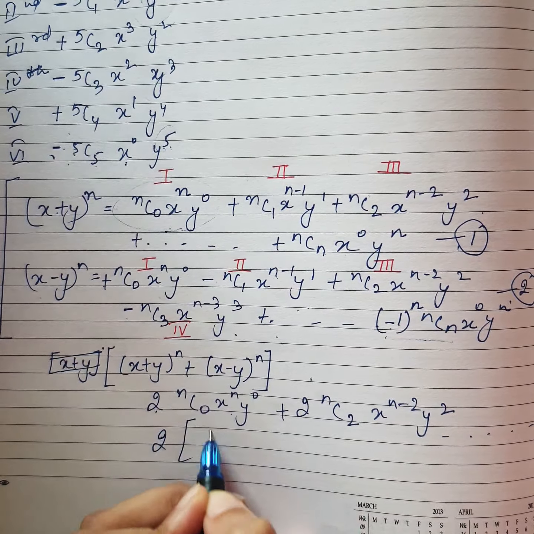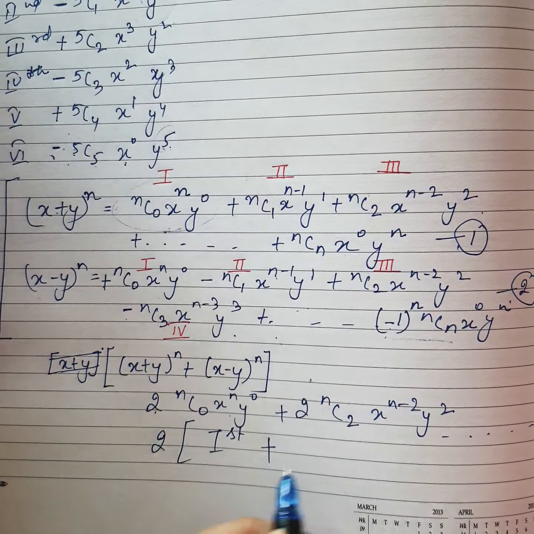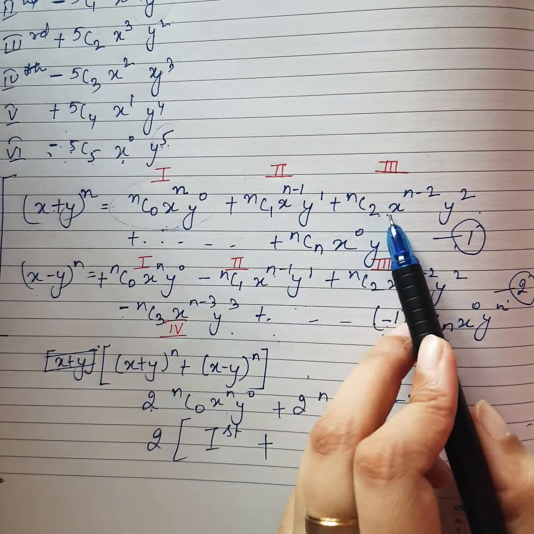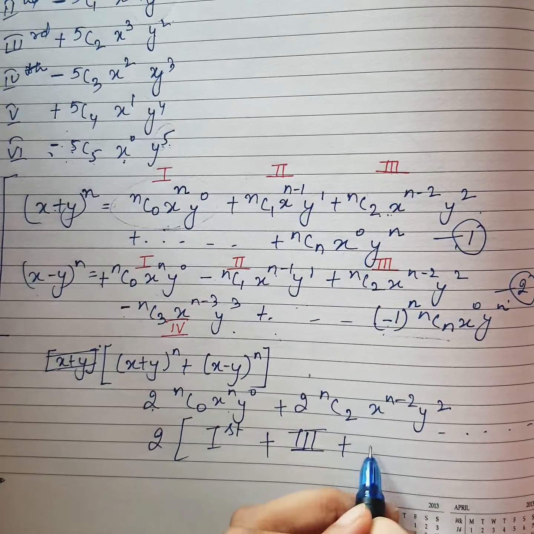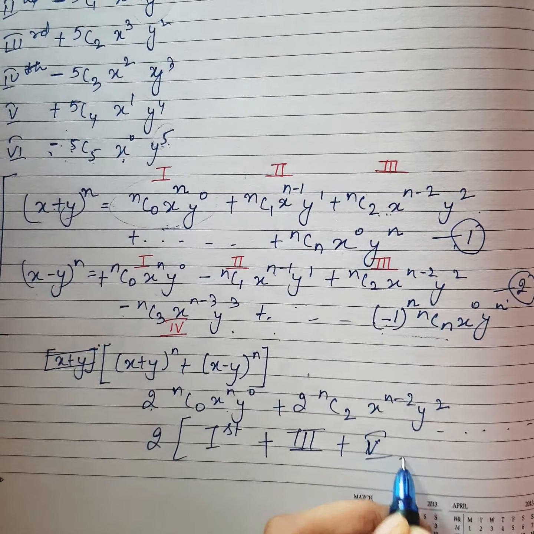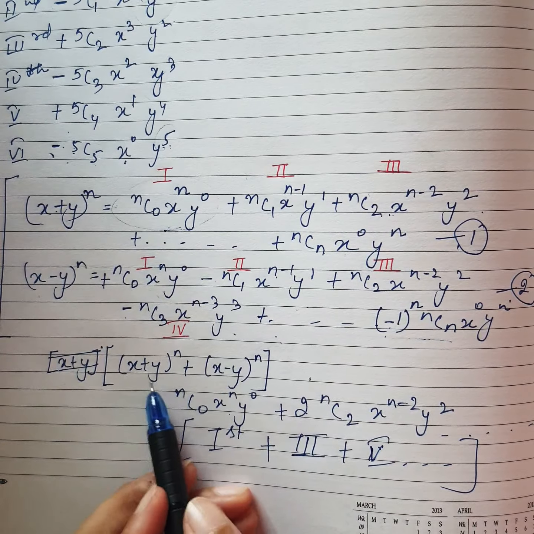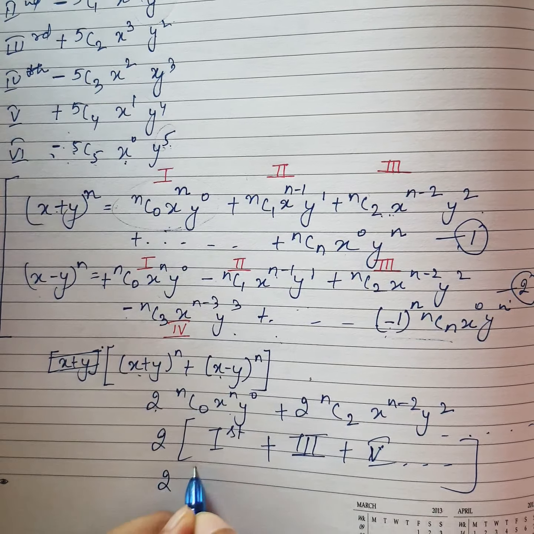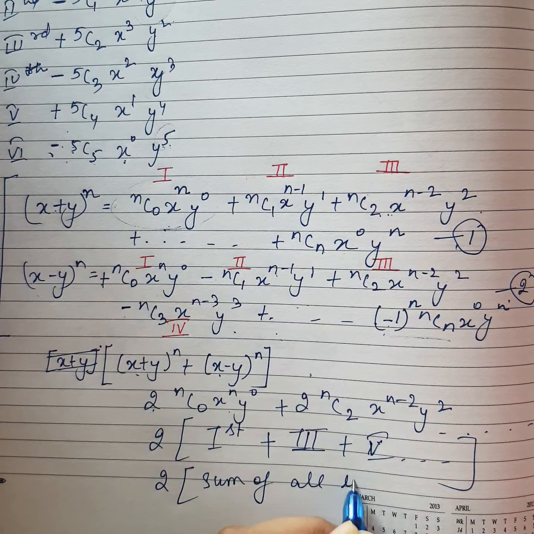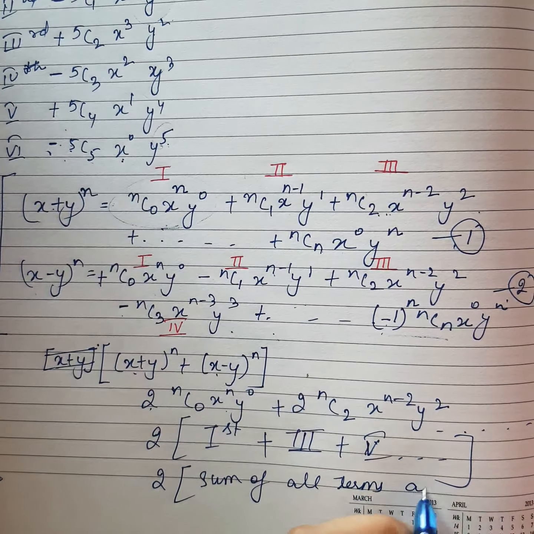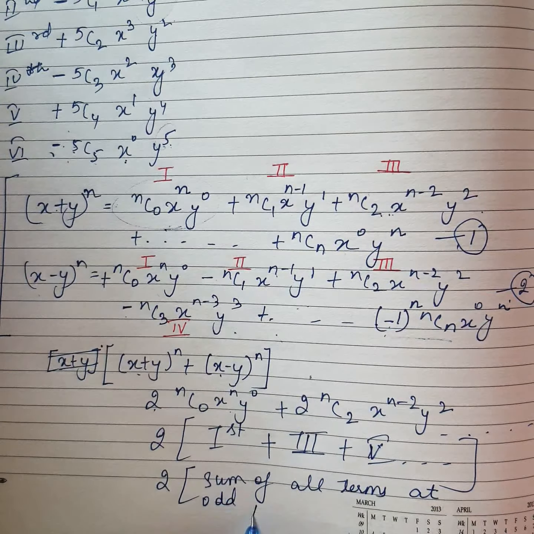So if I take 2 common, I am left with the first term plus nc2, this term, third. Then next will be 5 and so on. So that means in addition I can say twice the sum of all terms at odd places.